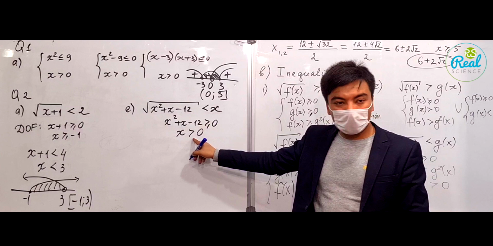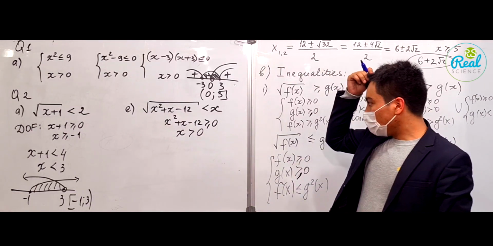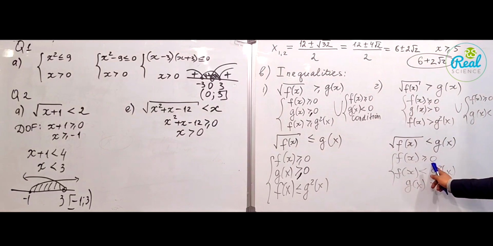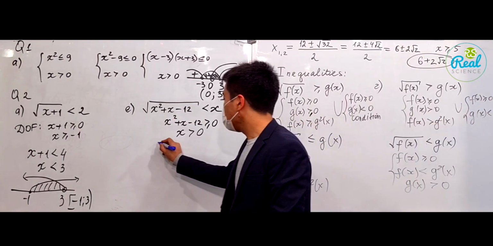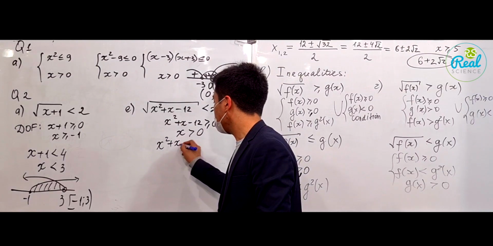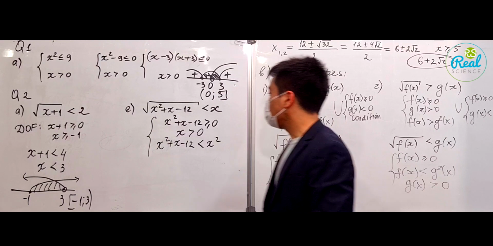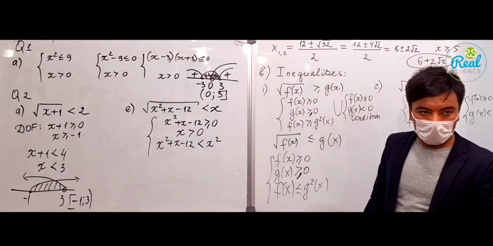That's why there is no dash. And this is actually the first one, yeah? The inside must be greater than 0, and square. x squared.